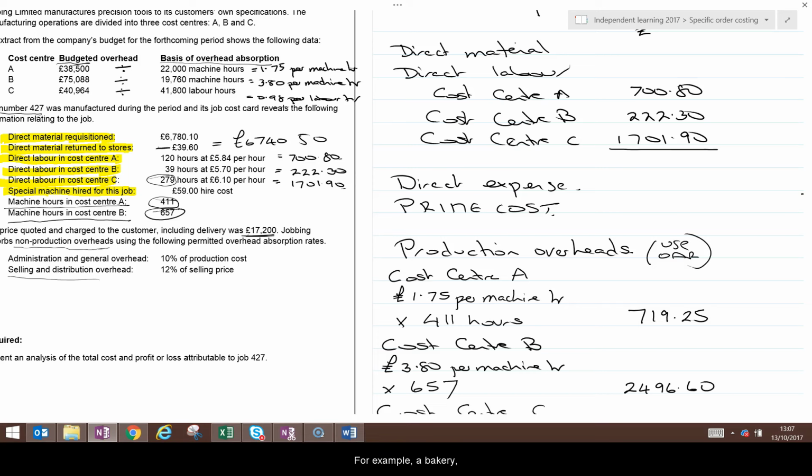So for example, a bakery, they would not produce one bread roll at a time. They would produce a batch of maybe 100 bread rolls. So in working out the batch cost, you would be working out the cost of producing the 100 bread rolls. So exactly the same layout, but it's for a batch of identical items rather than for one individual item.